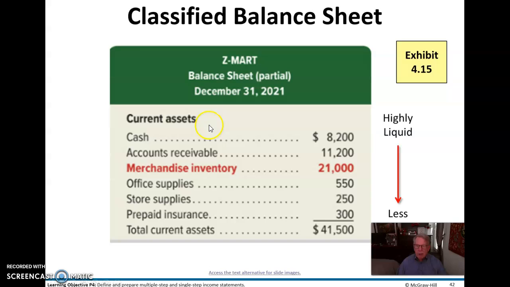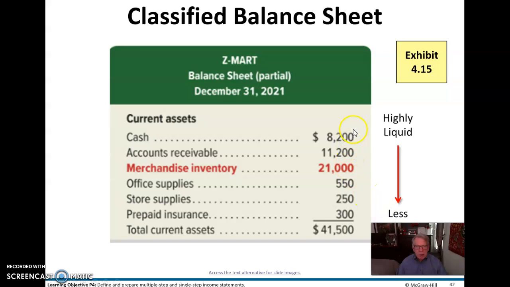Here we're just looking at the current assets. And the current assets, our key ones are cash, accounts receivable, inventory, and prepaids. Here we had some other inventory of office supplies and store supplies. And so our total current assets are shown.